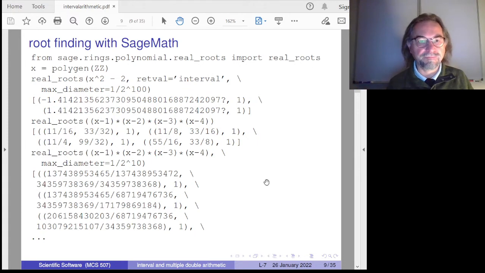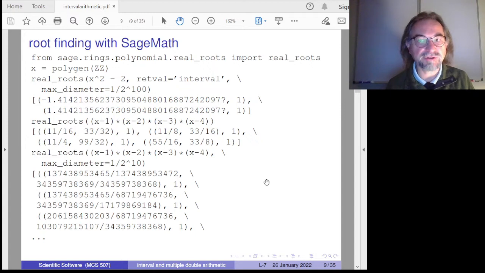So bracketing roots is very effective for isolating all the real roots. So here you see the isolating intervals for the real roots 1, 2, 3, 4.